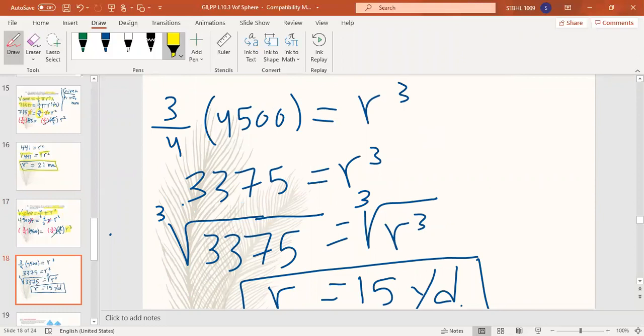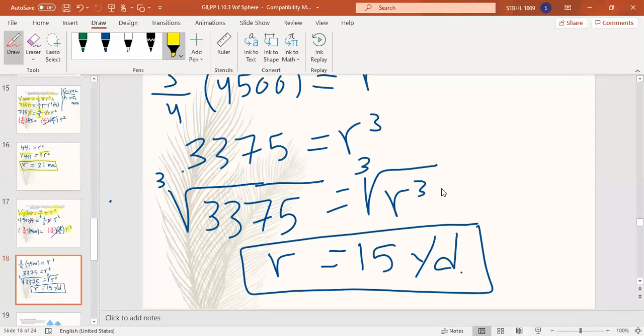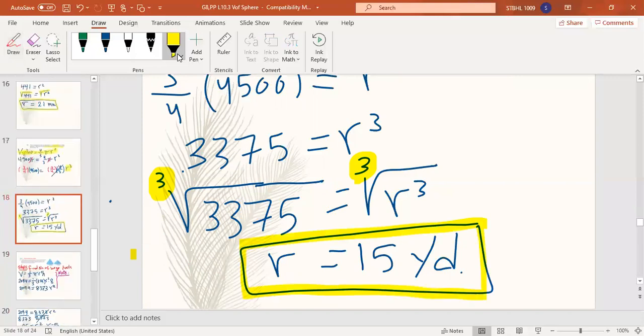And here we need to get r from r cubed. That's why we will apply cubic root to both sides. So we will take cubic root of 3,375 and cubic root of r cubed. Cubic root of 3,375 is 15. Cubic root of r cubed is r, so r equals 15 yard. Don't forget to put the unit, which is given in the question already.